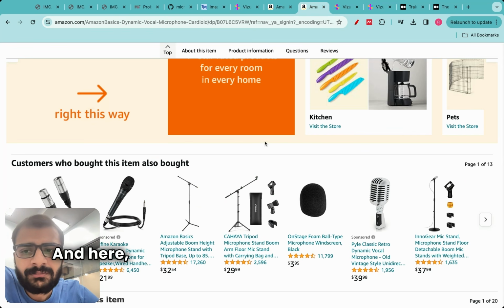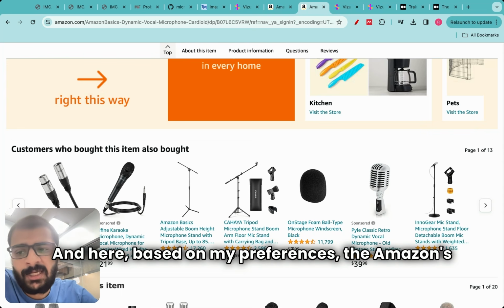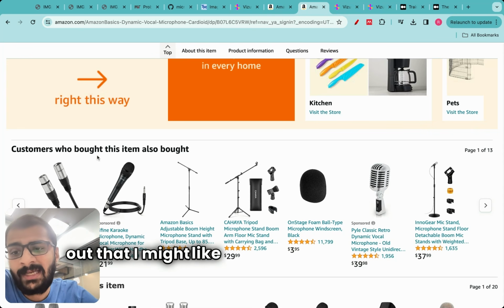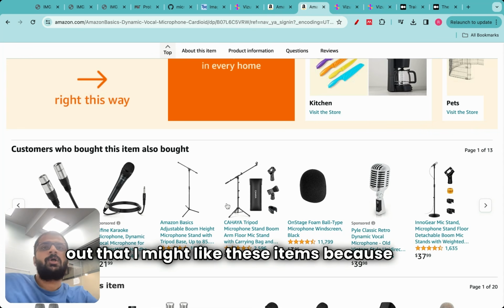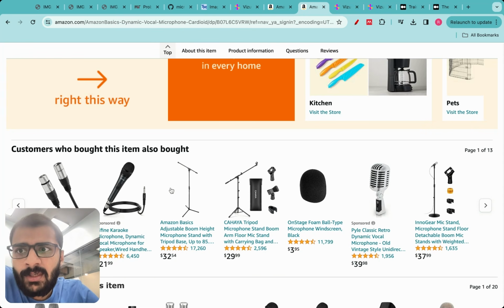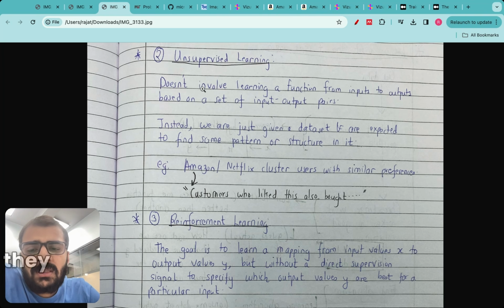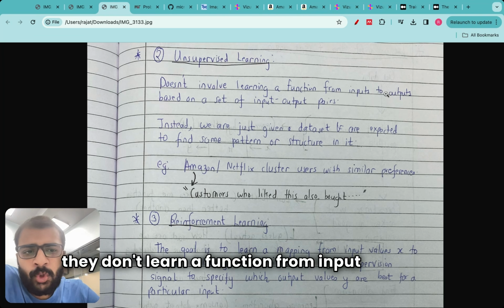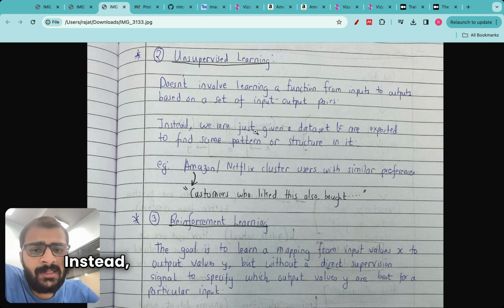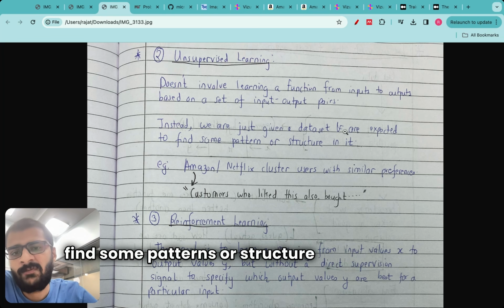And here, based on my preferences, the Amazon's AI figured out that I might like these items because other users who are similar to me also bought these items. In both these examples, the common thing is that they don't learn a function from input to output. Instead, they are just given a data set and they find some patterns or structure within the data set.